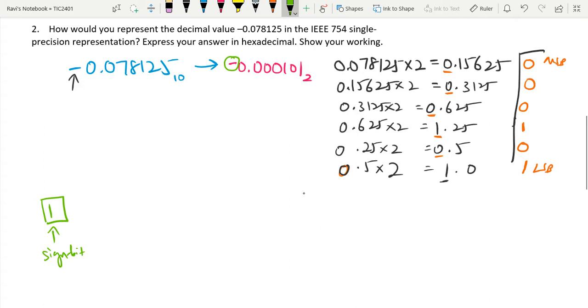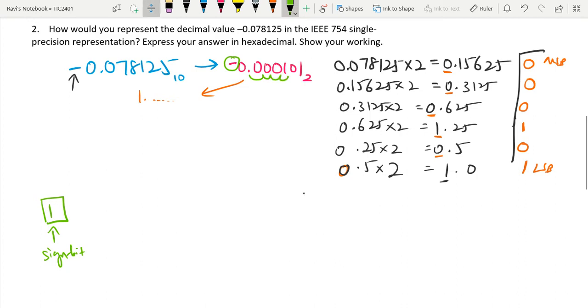The next step I need to do is normalize. Normalize means I need to convert this number into something that looks like 1 point something. So I need to convert the base 2 number to look as 1 point something. So how do I do that? That means I need to shift the decimal place around. So this decimal place I need to shift by 1, 2, 3, 4.